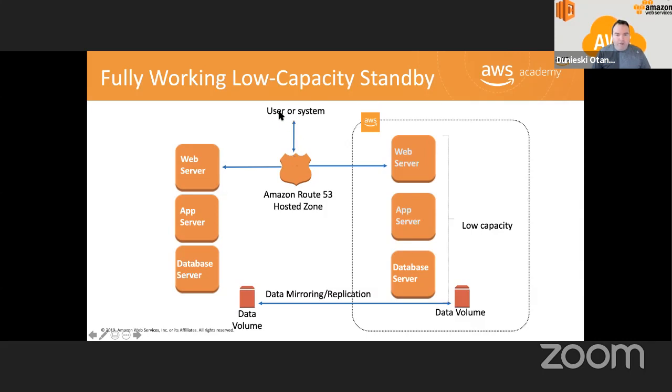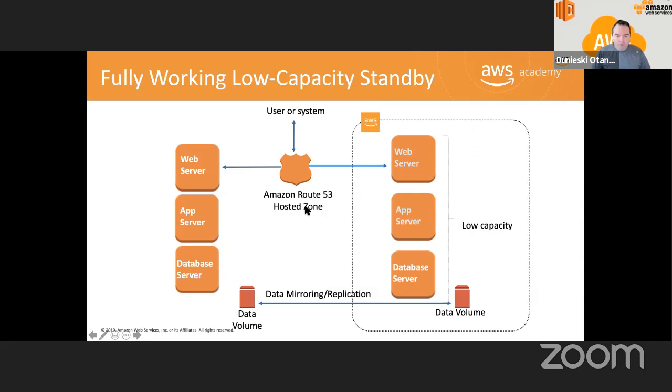As you can see here, this one is pointing to both. So you have two records, one that is pointing to the on-premises and one that is pointing to the cloud. And of course, this is more expensive than pilot light, right? Because pilot light is just half of this, right?